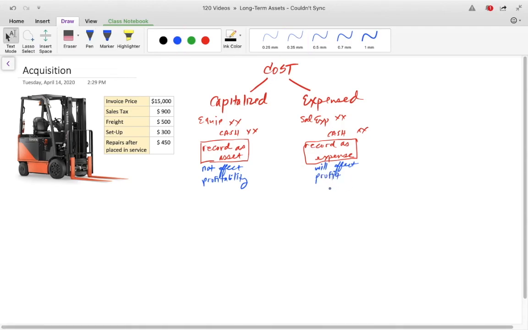Right? And so, capitalizing a cost and expensing a cost, we need to do the right thing, whatever the accounting rules say we should do. So, we are going to record our acquisition of this piece of equipment, and we need to know, what do we capitalize and what do we expense?